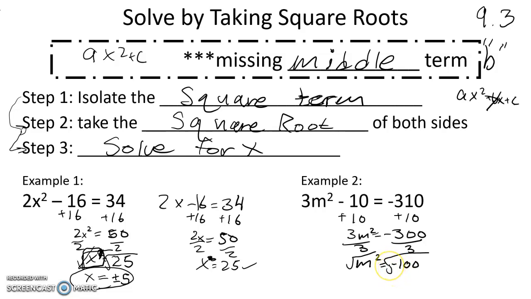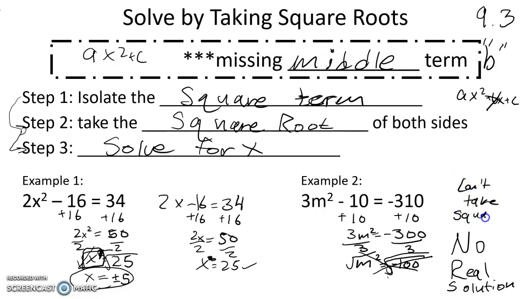We technically could, but for our purposes right now, if I'm taking the square root of a negative number, I stop there and write no real solution because I cannot take the square root of a negative number. I'm going to write it up here: can't take square root of negative number.